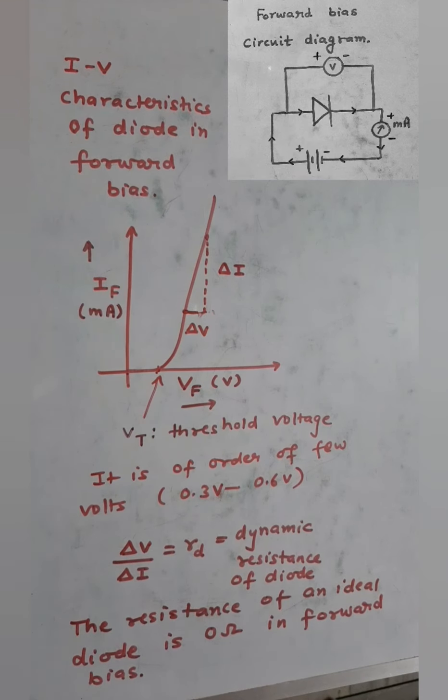For an ideal diode, the resistance is taken as 0 ohm, but for a practical diode, although it is not 0, it is quite small, and that is why we say that in forward bias the resistance of the diode is very small and it can conduct easily.